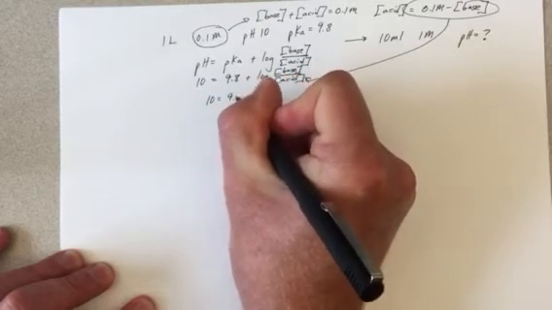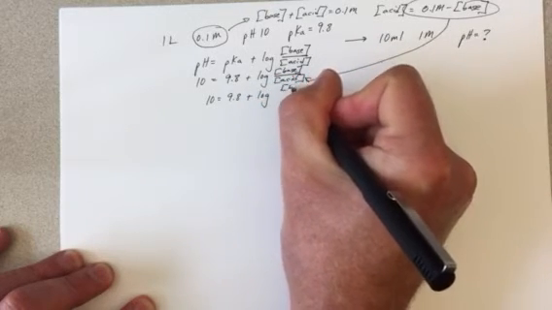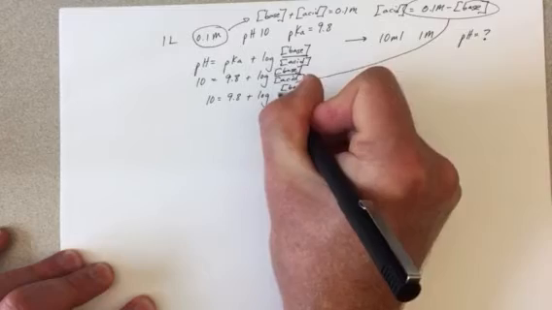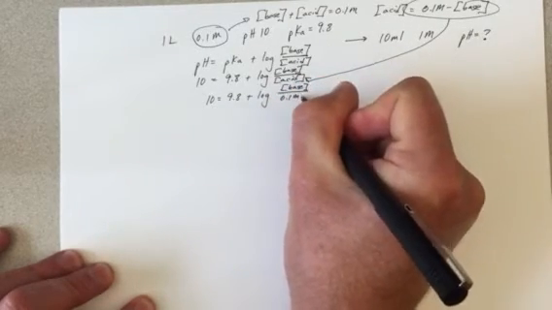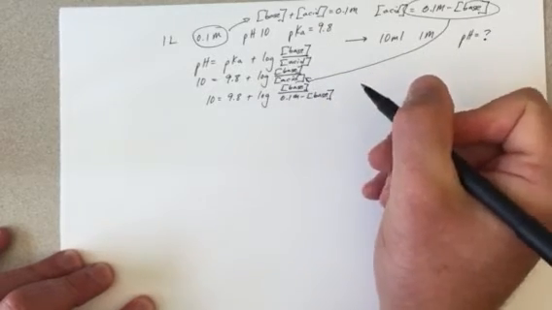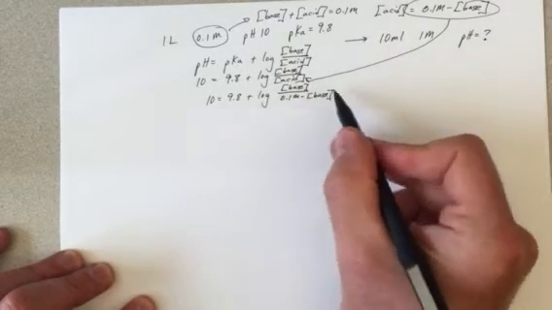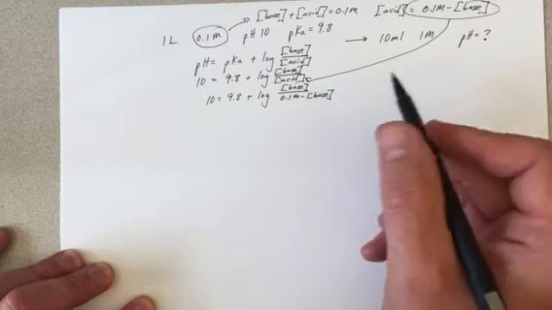And so I can be left with this equation. 10 equals 9.8 plus log of the concentration of base over, instead of concentration of acid, 0.1 molar minus concentration of base. Mathematically, I'm in good shape now. I've got 1 equation and 1 unknown, and I can solve for this, right?